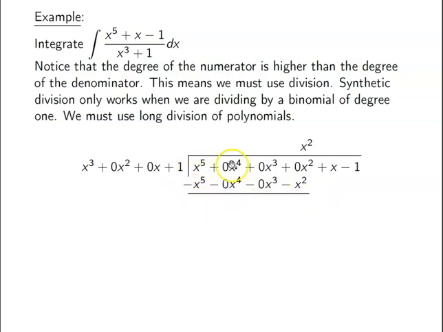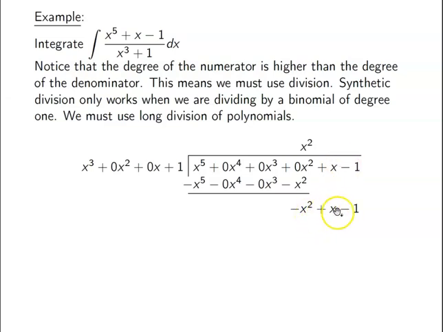This gets subtracted, this one, and this one straight across. This turns into 0, it's the same thing being subtracted. 0 minus 0 is 0. 0 minus 0 is 0. 0 minus x squared will give me a negative x squared. I drop everything else from that point on.